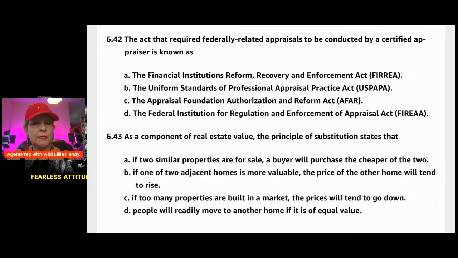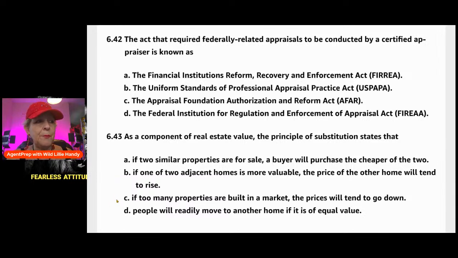All right, number 43. As a component of real estate value, the principle of substitution states that A, if two similar properties are for sale, a buyer will purchase the cheaper of the two. B, if one of two adjacent homes is more valuable, the price of the other home will tend to rise.